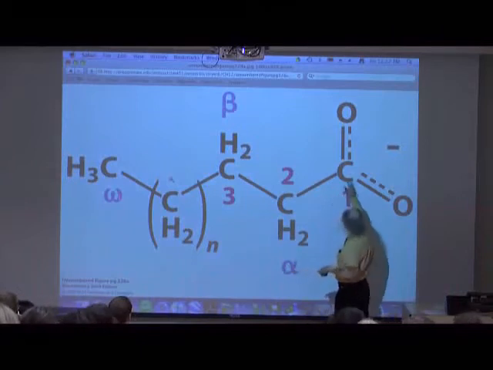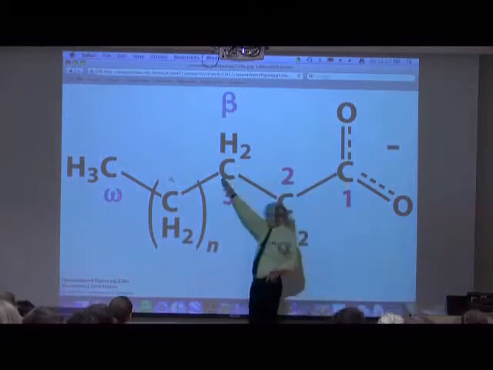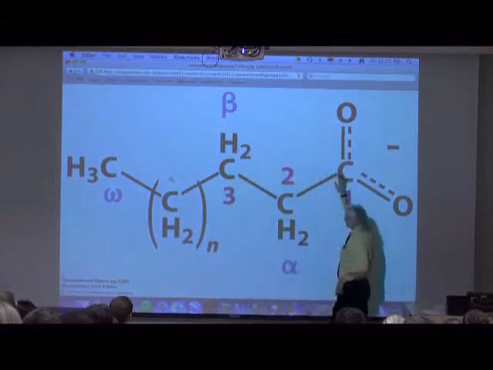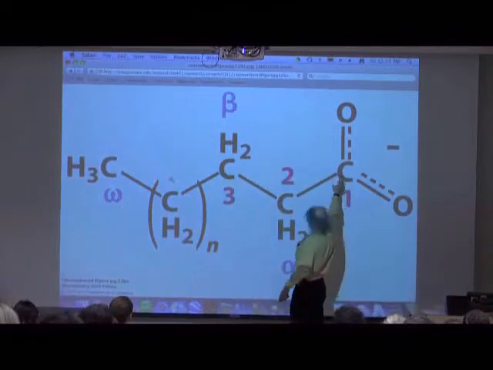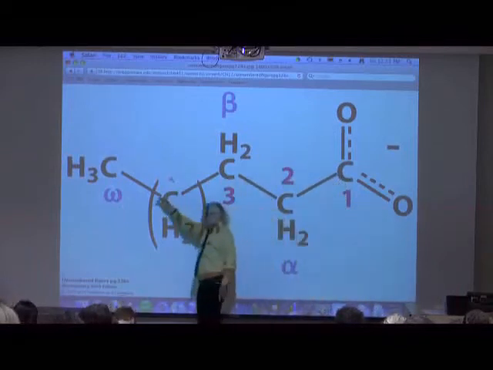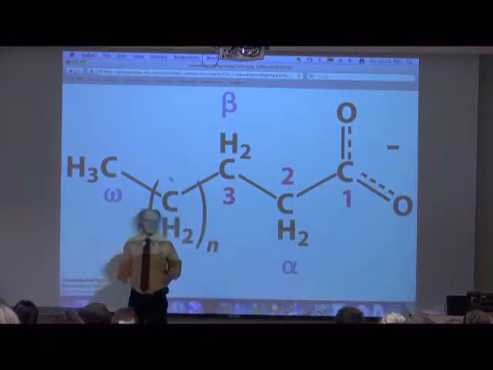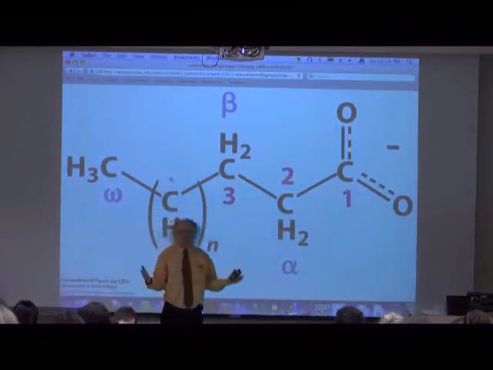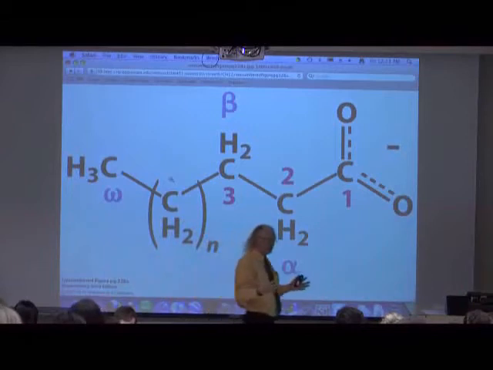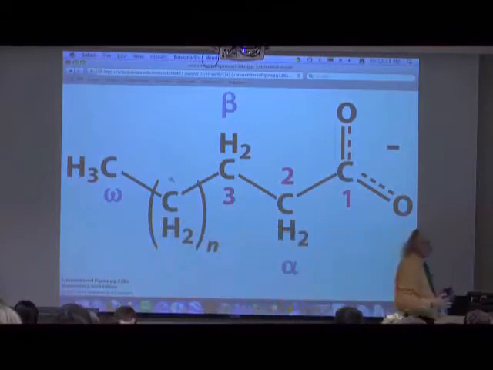That's actually the delta system. The other system is called the delta system, and it numbers starting right here. If we start with the carboxyl as number 1 and count over, we get to the first double bond, let's say delta 9. That's a very common one that we see. Delta 9 is 9 carbons away from the first carboxyl group.